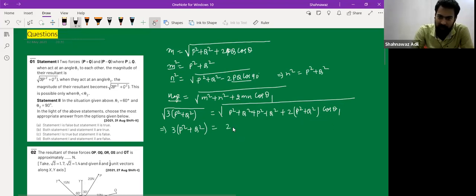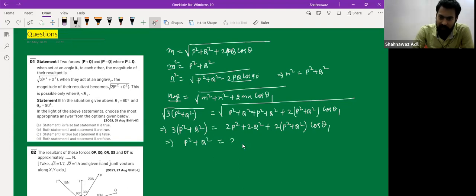So 2p square plus 2q square plus 2p square plus q square, and then cos theta. So this is 3p square plus q square, and this is 2p square plus 2q square, so one would be minus. So this will be what? 2p square plus q square, and then cos theta 1.